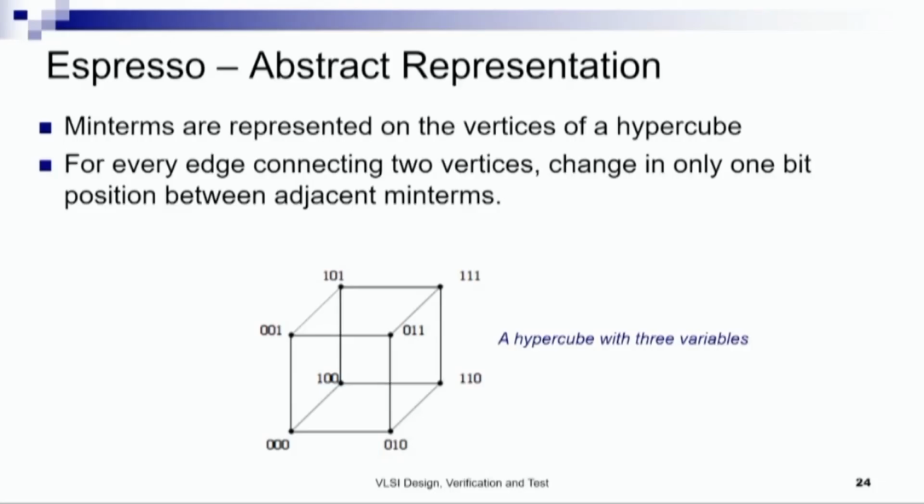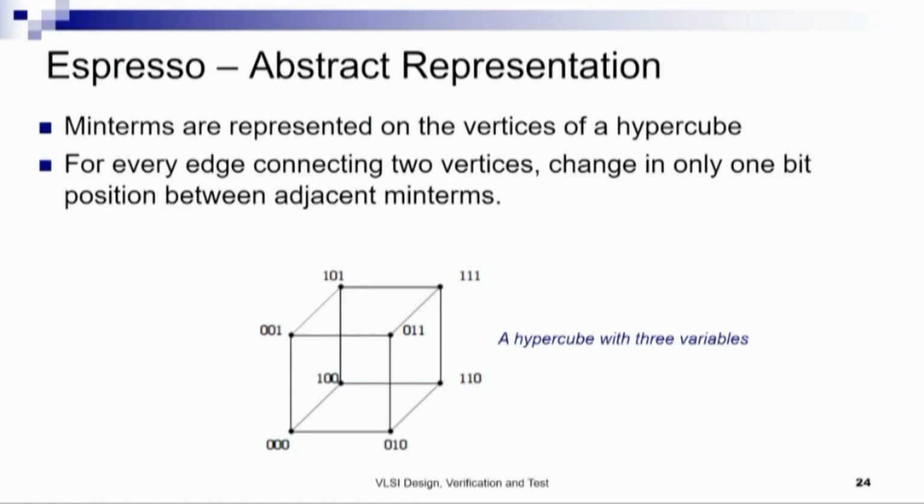Now before discussing the espresso algorithm in detail, we need to understand how the function is represented in the espresso algorithm. It is represented inside a computer using a data structure whose abstract representation I will present here. So the min terms in the function are represented on the vertices of a hypercube, right?